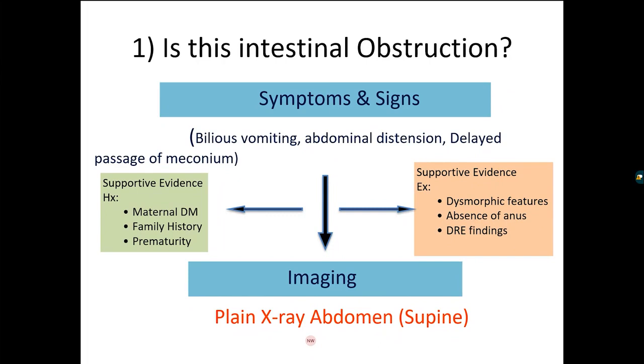Rectal examination findings may give you a clue as to what the diagnosis is, especially in case of Hirschsprung disease. So all those features, symptoms and signs, are helpful in arriving at a diagnosis of neonatal intestinal obstruction.